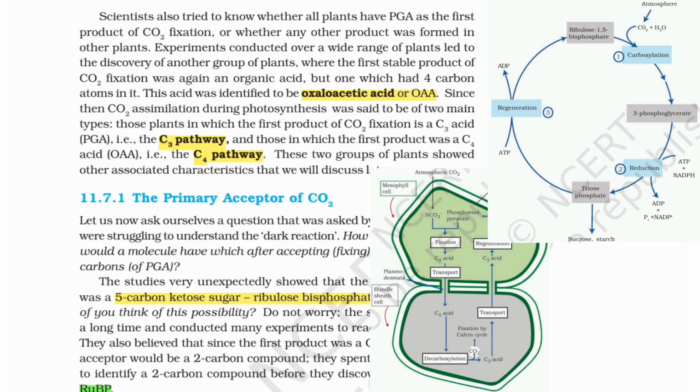Since then, CO2 assimilation during photosynthesis was said to be of two main types: those plants in which the first product of CO2 fixation is a C3 acid, that is PGA, that is the C3 pathway, and those in which the first product was a C4 acid, OAA, that is the C4 pathway. These two groups of plants showed other associated characteristics that we will discuss later.